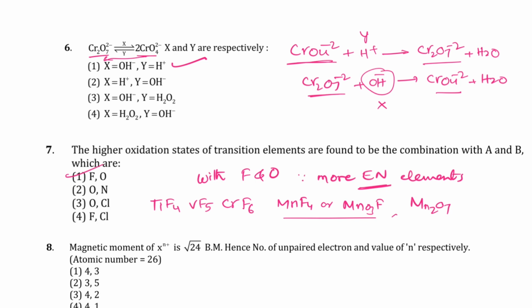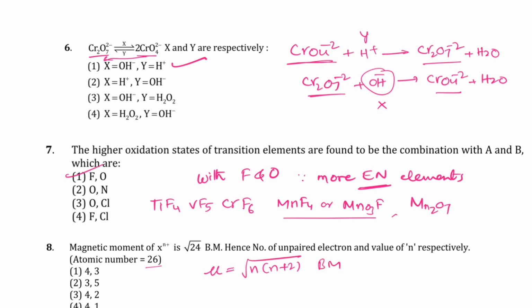Next one, eighth question. The magnetic moment of X^n+ is root 24 BM. Hence the number of unpaired electrons and the value of n respectively, for this atomic number. So these are the given options here. Generally we know that to calculate the magnetic moment we have the formula mu equals root of n into n plus 2 Bohr magneton.